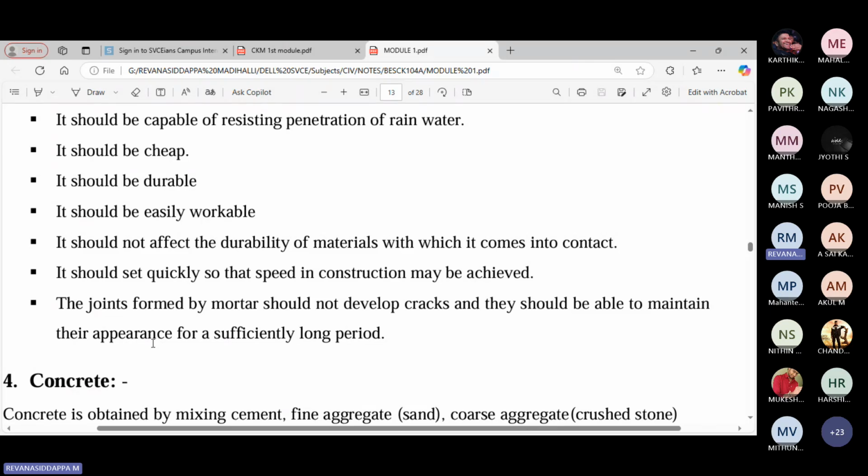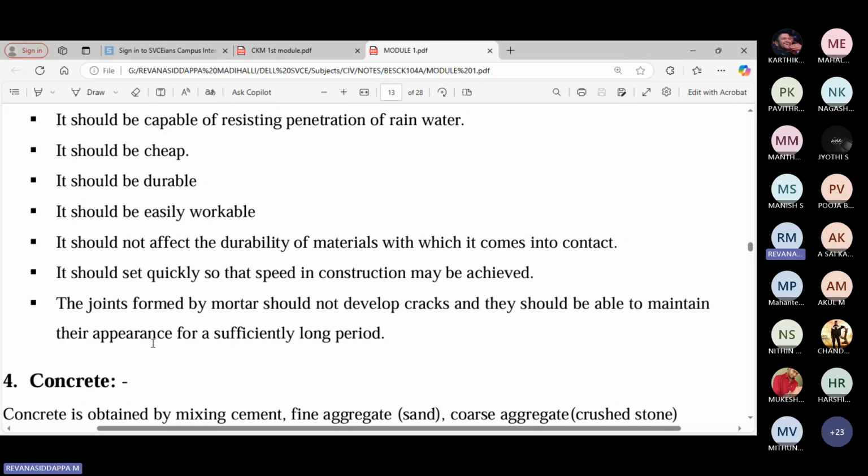For that, we should take some precautionary measures. We should continuously keep curing the mortar with water. If you use mortar for some construction, you should start curing from the next day.